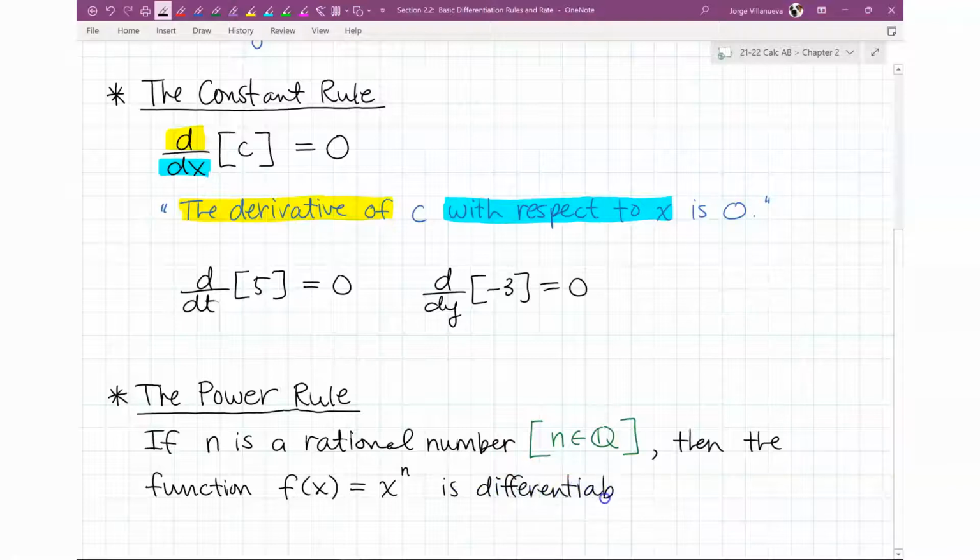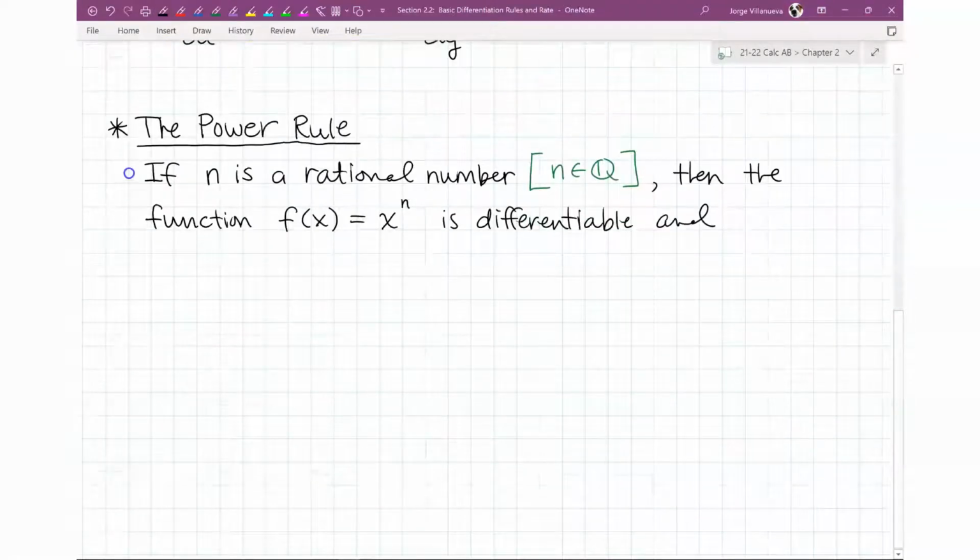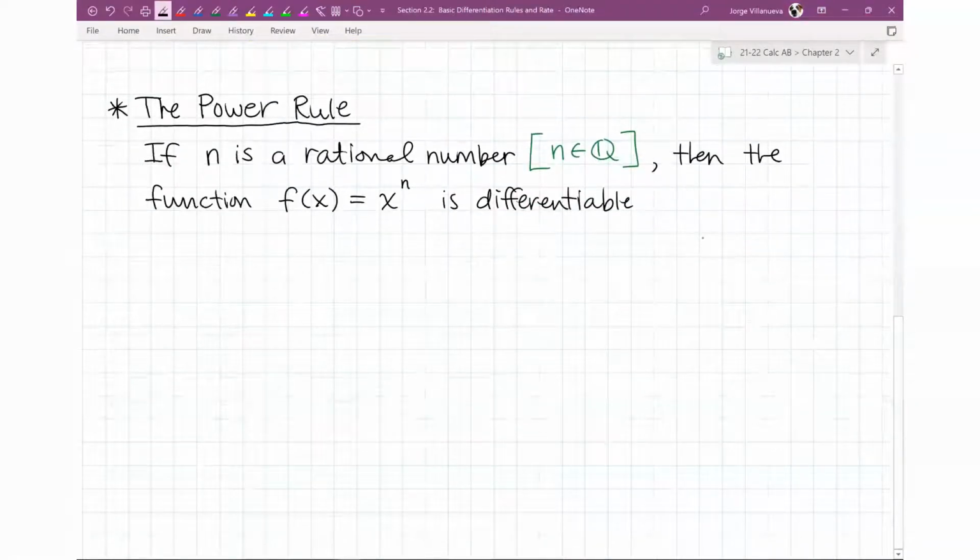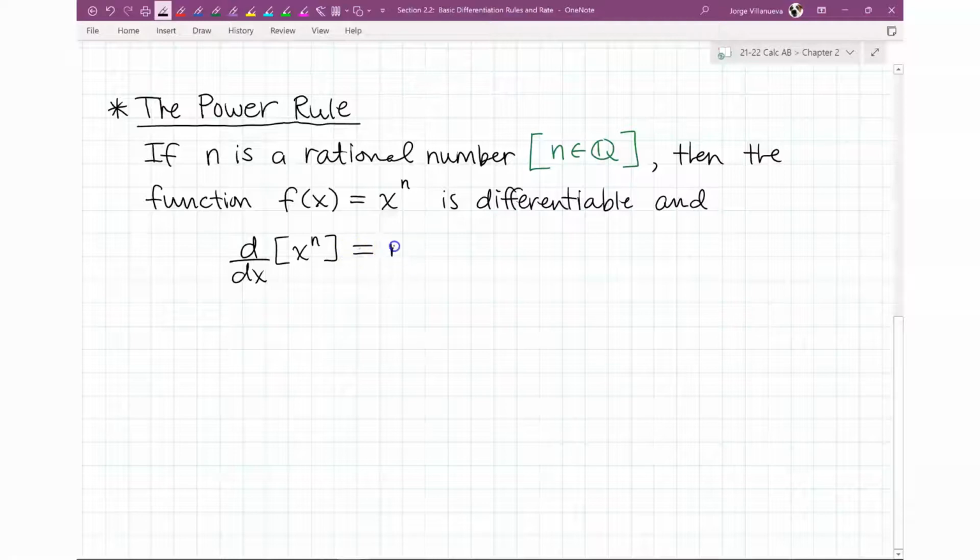Now, to be differentiable means that you can take a derivative of it. So the function is differentiable. And so here's our derivative for that function. So d dx of x to the n is n times x to the n minus 1.